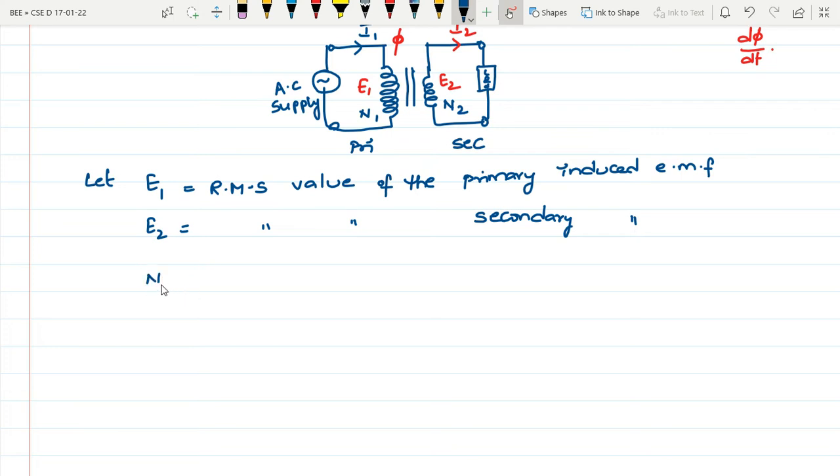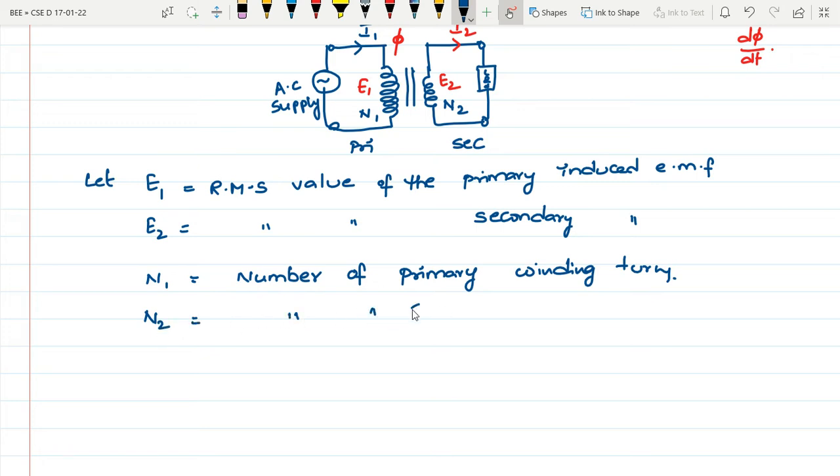N1 is the number of primary winding turns, and N2 is the number of secondary winding turns.